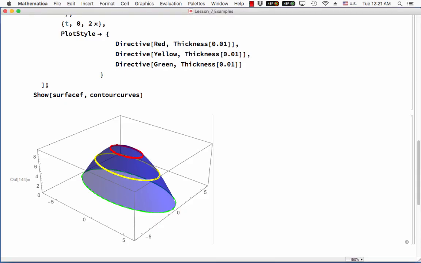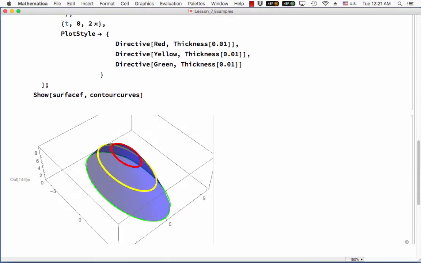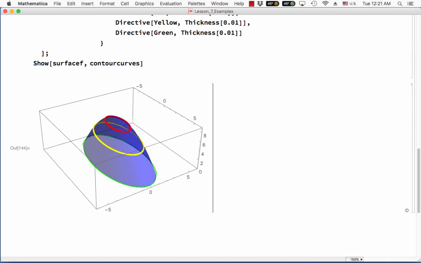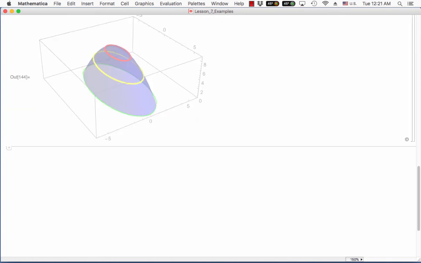Here we go. Here I am in Mathematica. I've got my 3 contour curves of this graph. What we're going to do now is actually use the contour plot command, through the 3 curves that I just specified.